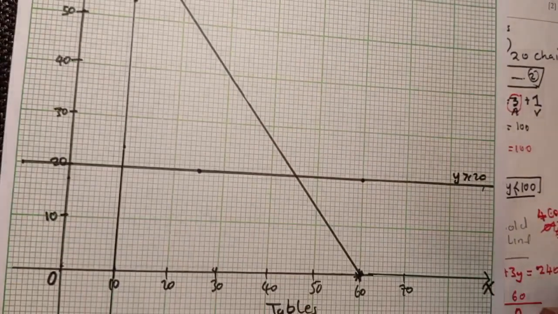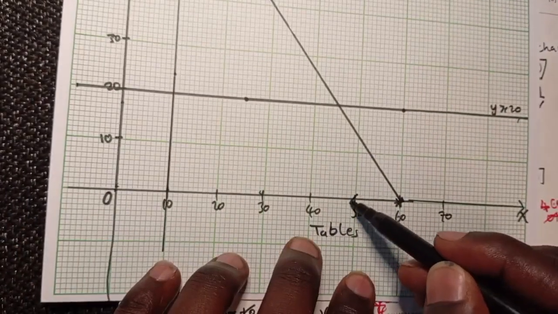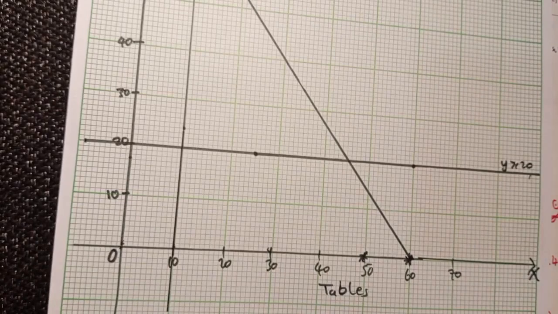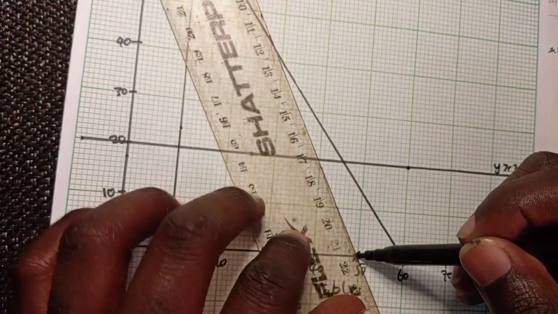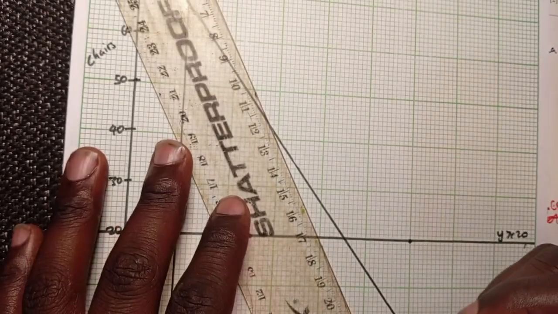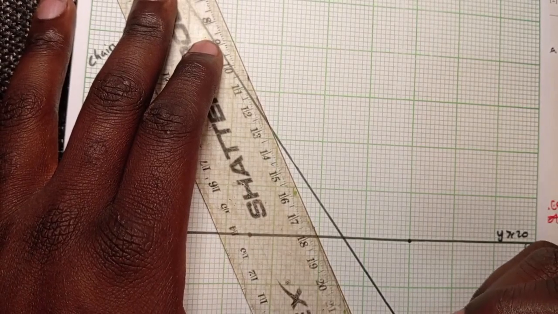And then 50, 0 happens to be this one here. Again, using your ruler, you join the points. Okay. From here, I'm sure you can't see because the graph is too big, but I'll show you what the line will look like.